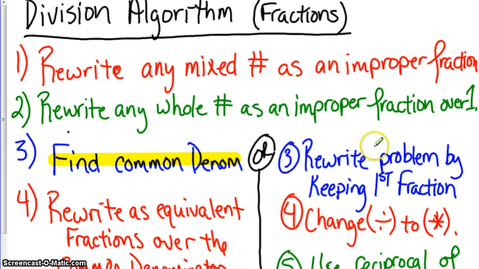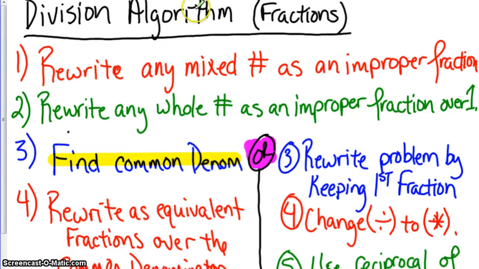So those are the first two steps. Then we can separate between our common denominator method and our multiplying by the reciprocal method.